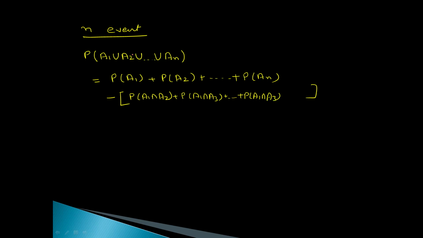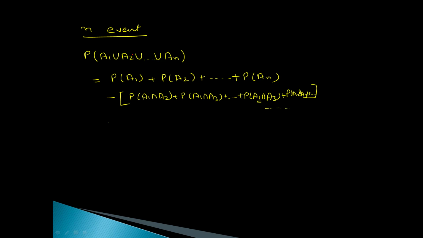And this we have done pairwise with only the A1 event. Similarly, we have all other pairs like A2 intersection A3 and so on. So we need to keep on counting all possible pairs. Here we are not talking about how many combinations we can have. There are nC2 combinations, but I'm just giving you the intuition of how we can derive the general formula.